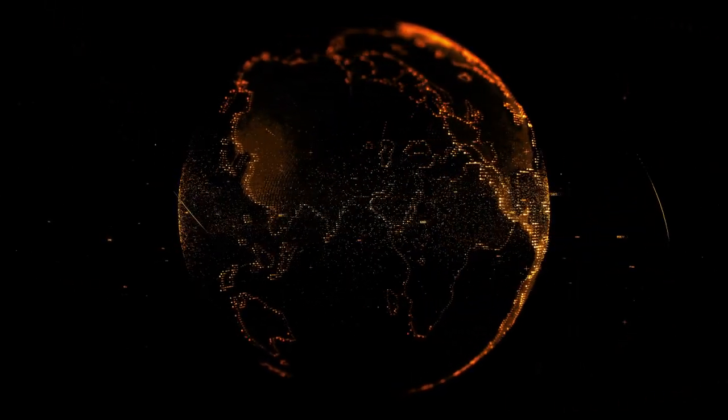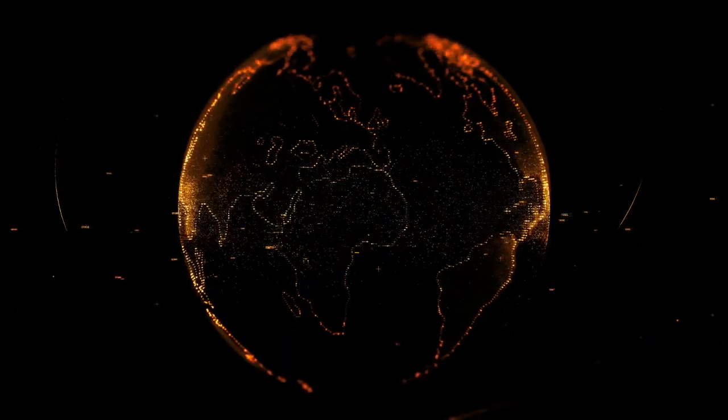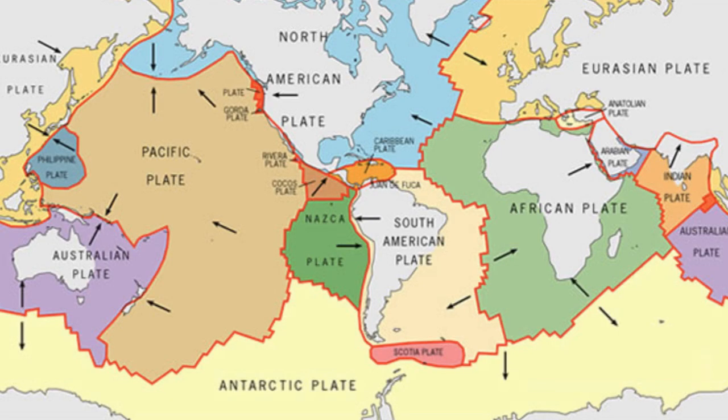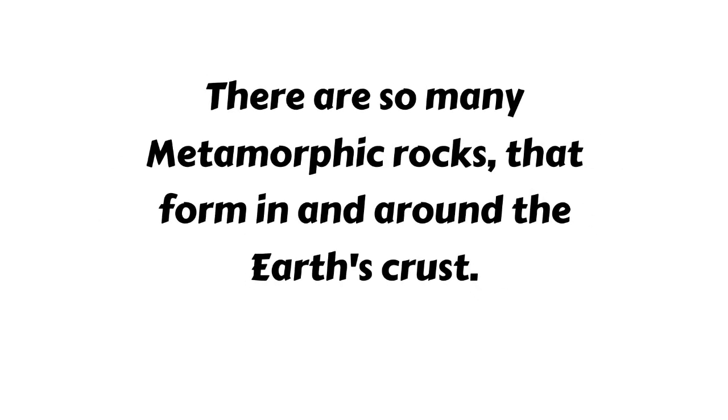Scientists call them plates. Here is a map of these plates, and they have a really cool name. Scientists call them tectonic plates. These huge plates move and push against each other, and there is a lot of heat and pressure there. That's why there are so many metamorphic rocks that form in and around the Earth's crust.